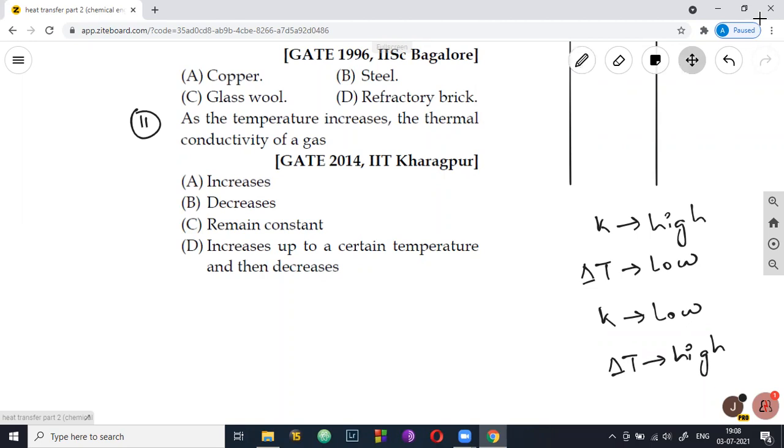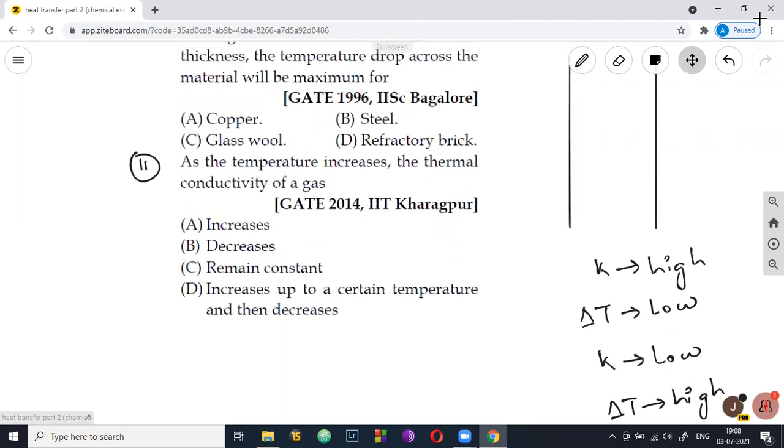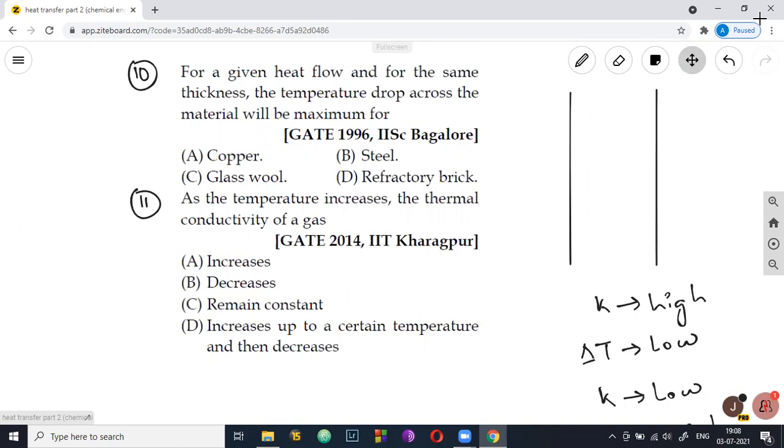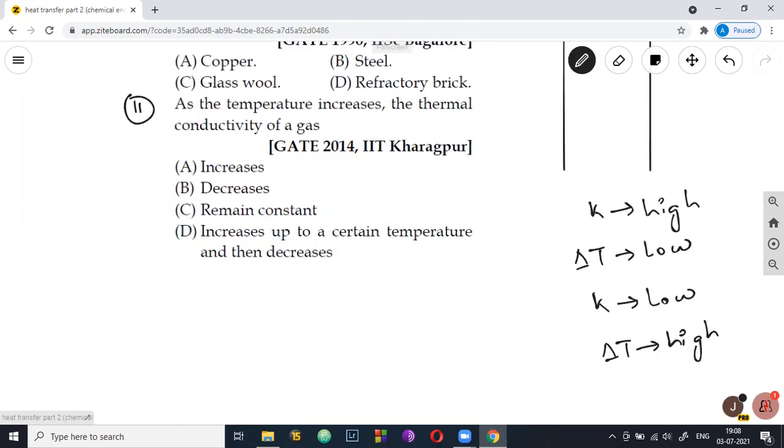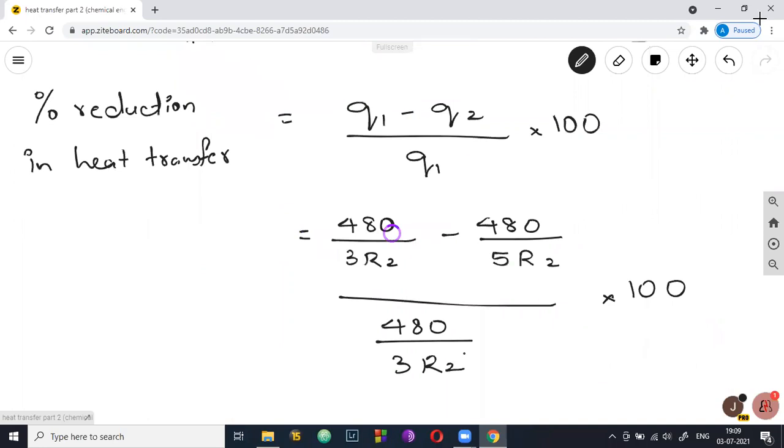In this case, our temperature drop should be maximum. So what does that mean? The material is very poor in heat conductivity. So copper and steel are not the answer because they are very good conductors. So the option can be either C or D. Now, what we have seen is, remember, K of glass wool is lower than K of refractory brick.